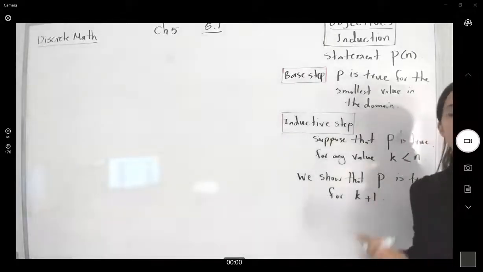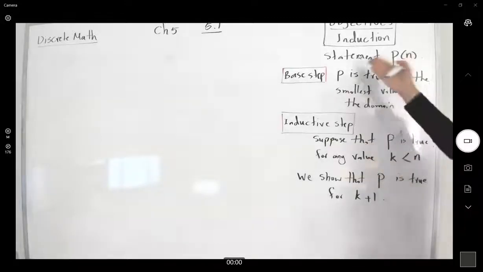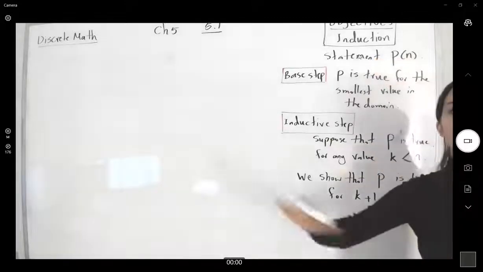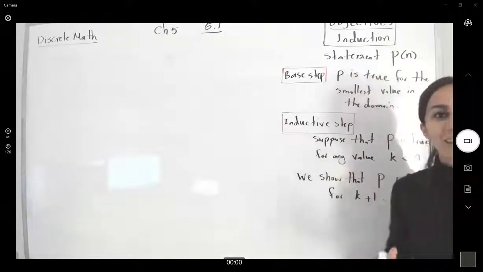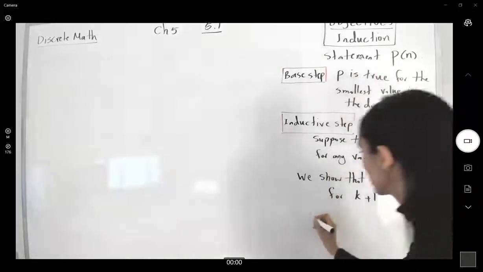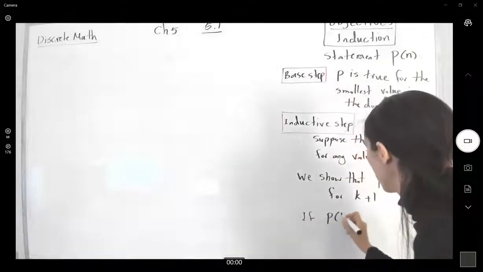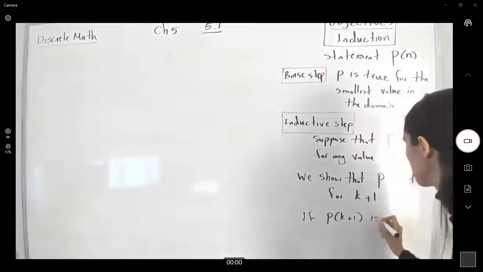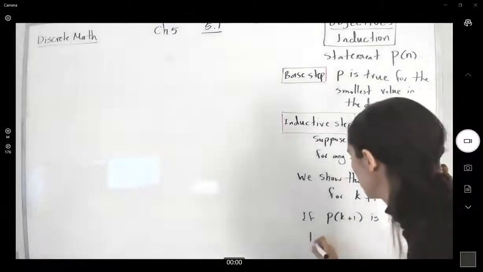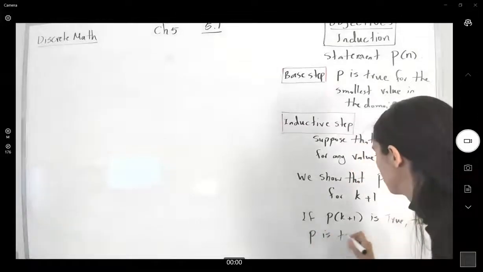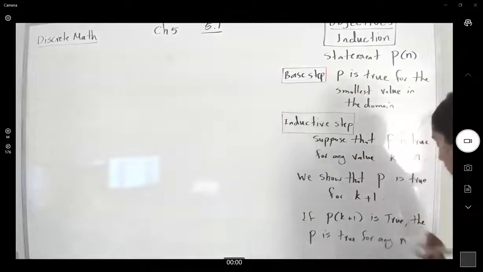If this is true, then you say that, hey, by mathematical induction, this statement is true for any number in that domain. So if P of k plus 1 is true, then P is true for any n.